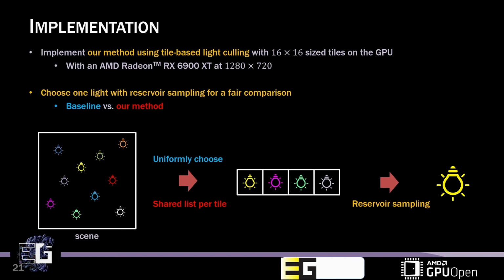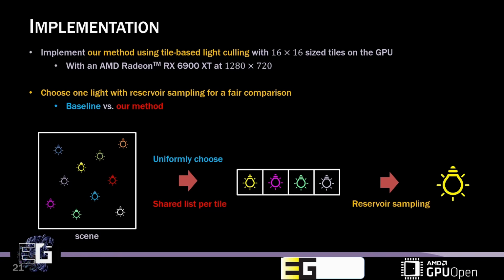And in order to do a fair comparison for both a baseline and our method, we choose one light used for shading for each primary ray with reservoir sampling. For baseline, we first select 32 light candidates uniformly from all the lights in the scene.